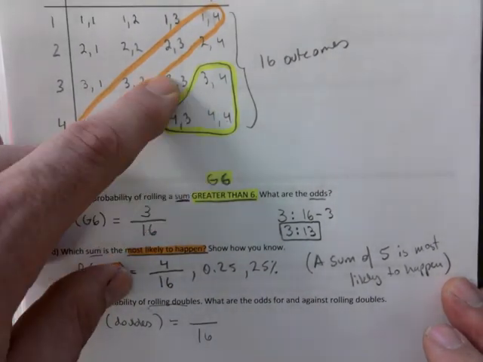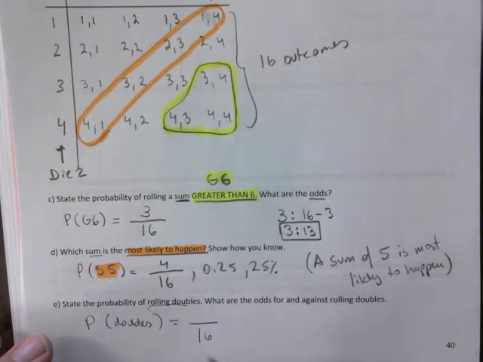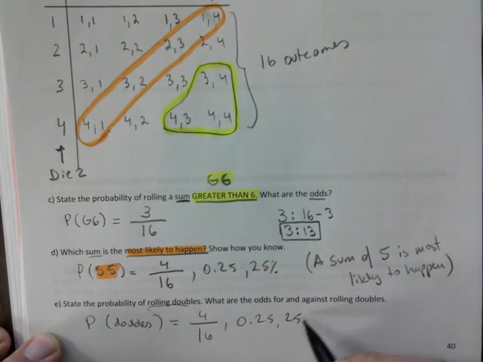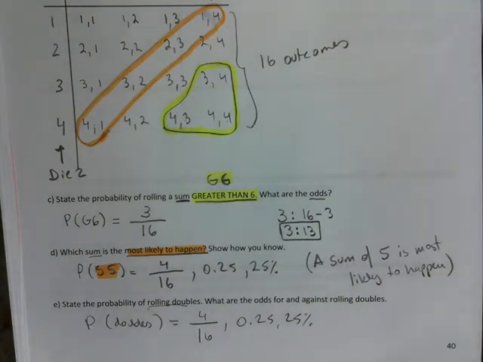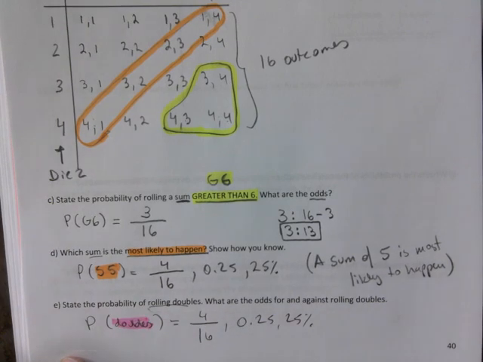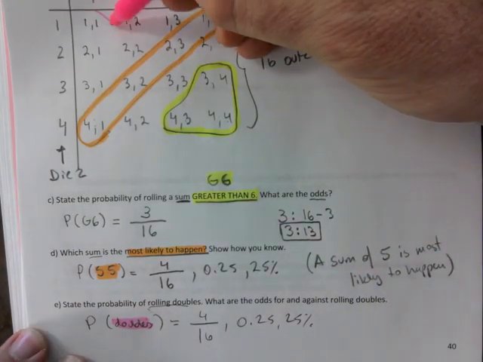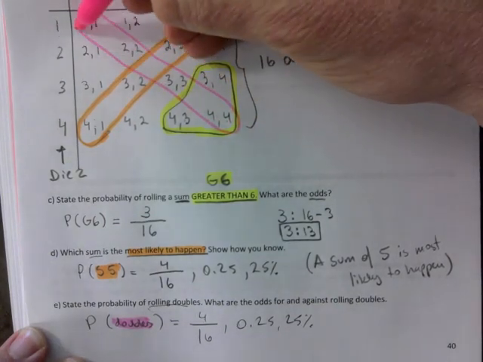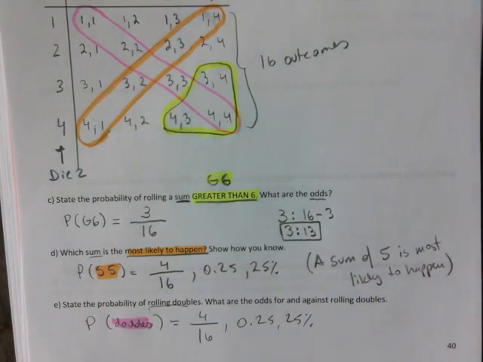So you've got 1, 2, 3, 4 doubles. I'm going to use a different color for that one, doubles. Four options there.